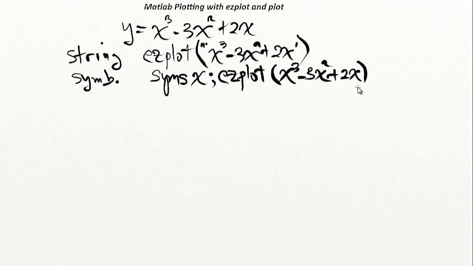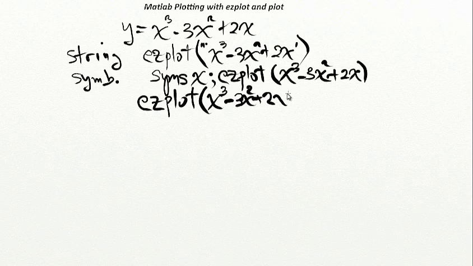It will decide what interval to plot it over, but you can specify the interval yourself with the command altered as follows. Again, ezplot, put in your polynomial. x is still symbolic. But now let's specify the interval, and we'll plot it over the interval minus 2 to 4.